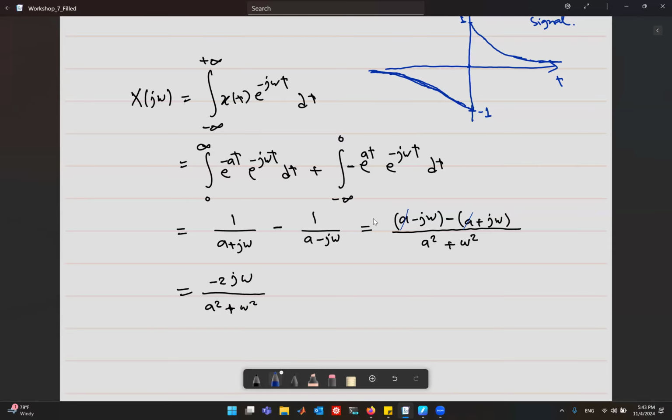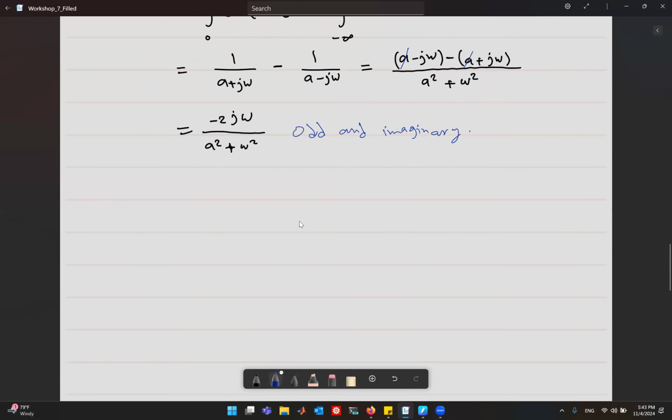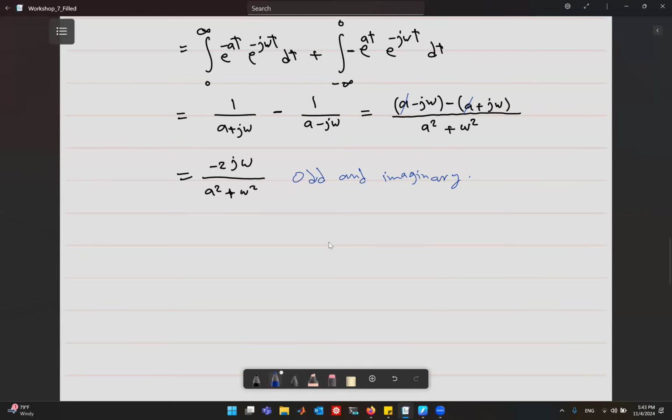Now, notice that the Fourier transform this time is purely imaginary, and it's odd. So when the signal is real and odd, the Fourier transform will be odd and imaginary.